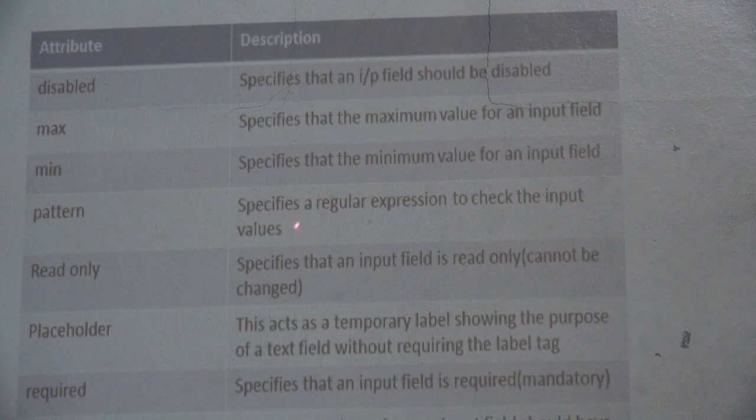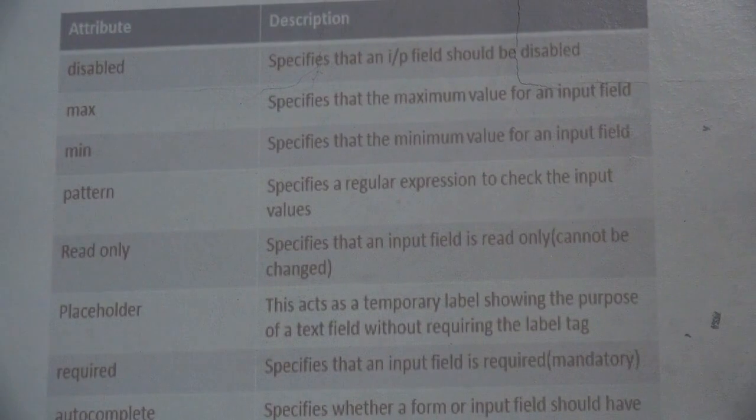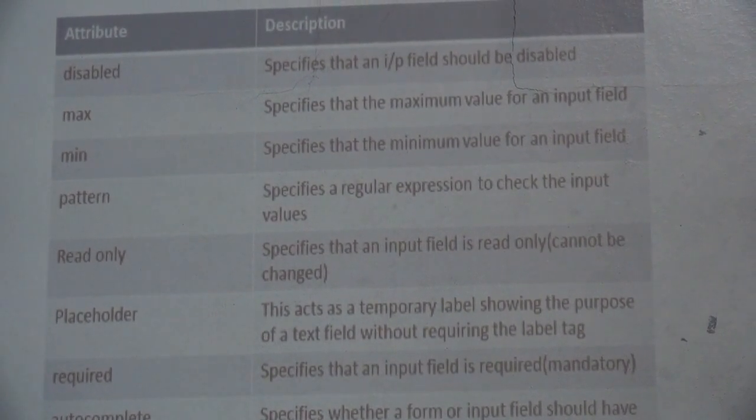It specifies a regular expression to check the input values, in which pattern we are giving. For example, there are 2 or 3 types of formats for giving a name. We can give it as first name, middle name, last name, or we can give it as last name first, then first name and then middle name. So this pattern is used for the regular expression to check the input values.